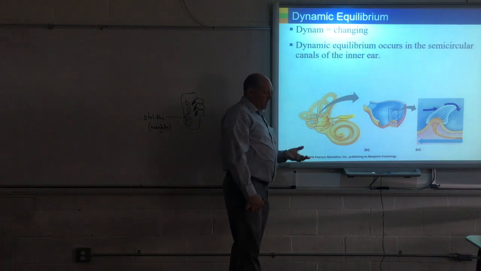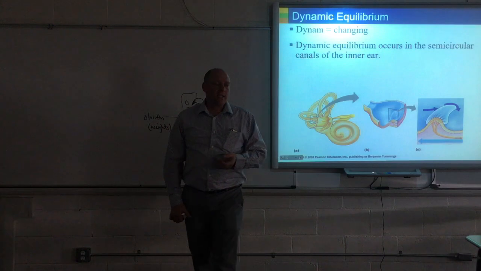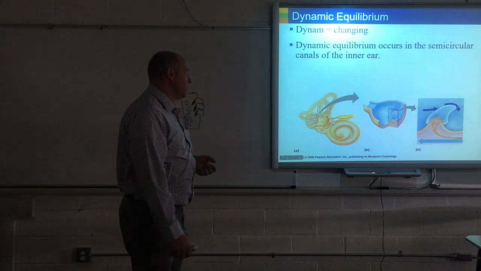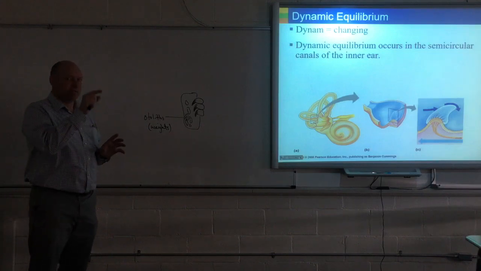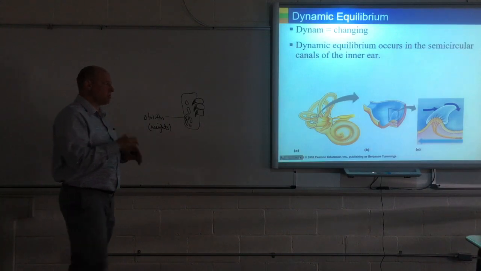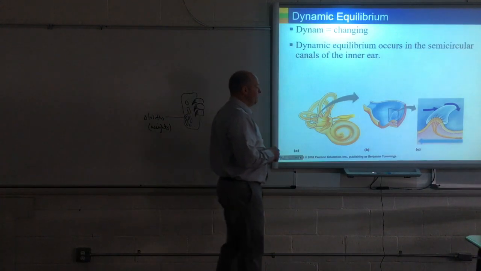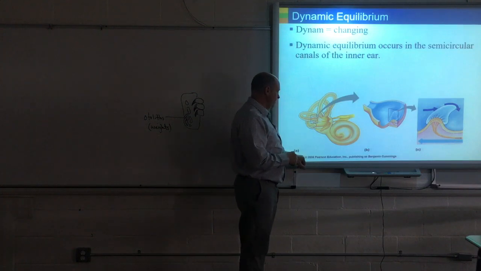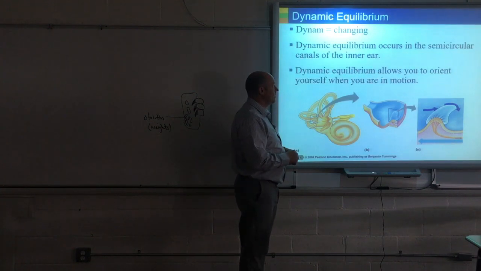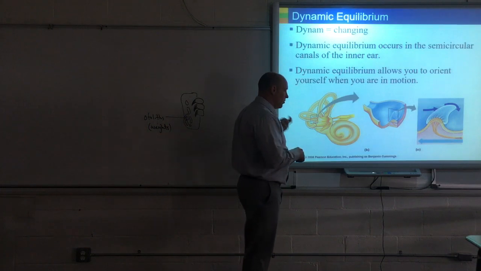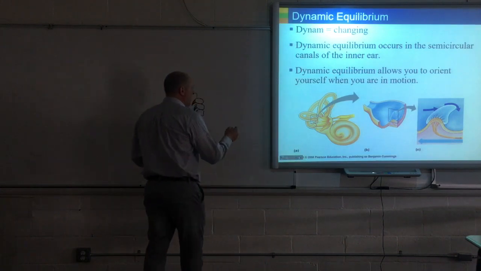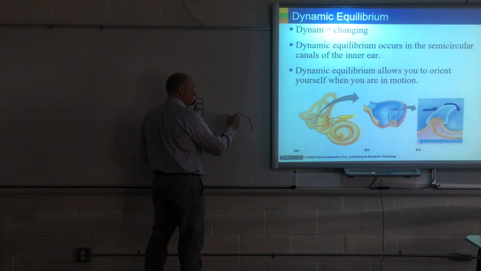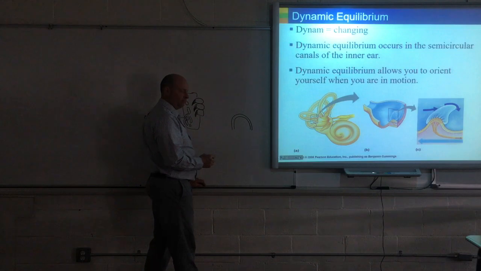So, dynamic equilibrium occurs in the semicircular canals. They call them semicircular because they're like half circles of the inner ear. It allows you to orient yourself while in motion. And these canals occur in 3 planes. You have one that occurs like this, in this plane.